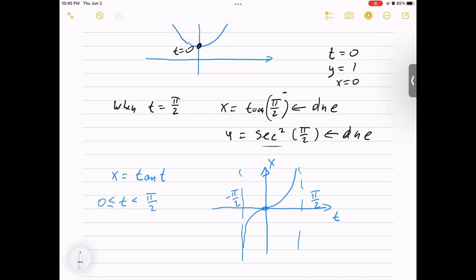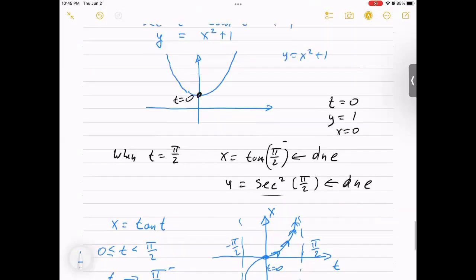So t equals 0 here, and t equals pi over 2 is right there. When t is reaching pi over 2 from the left, we see that x is approaching plus infinity. So keep that in mind.